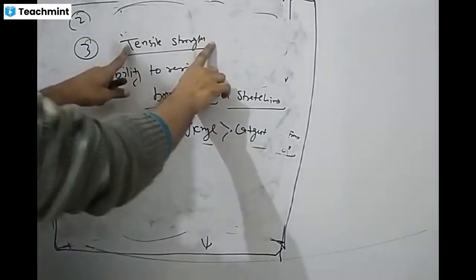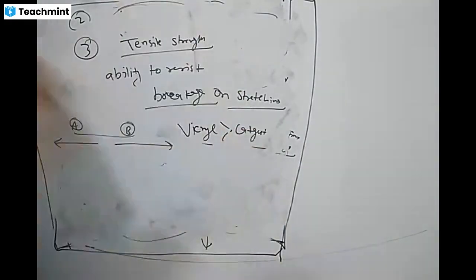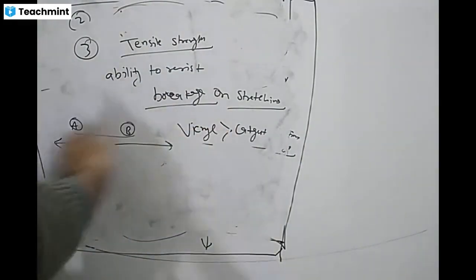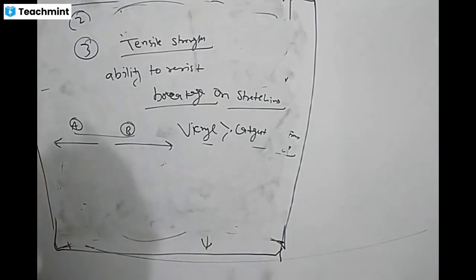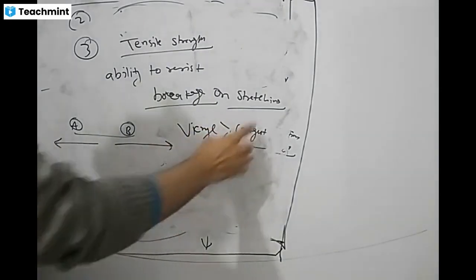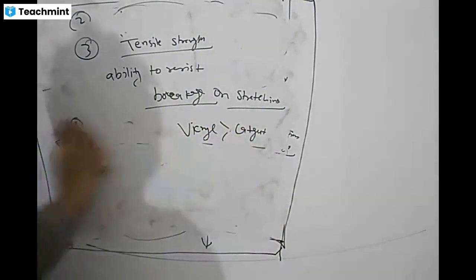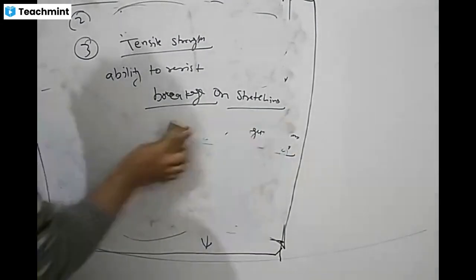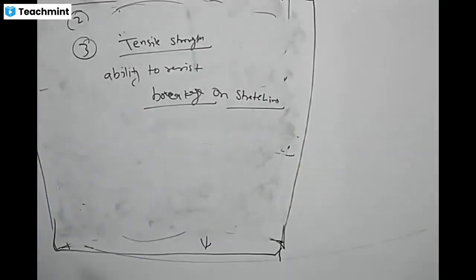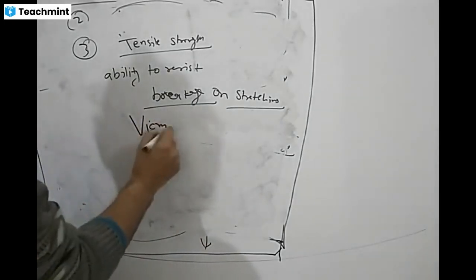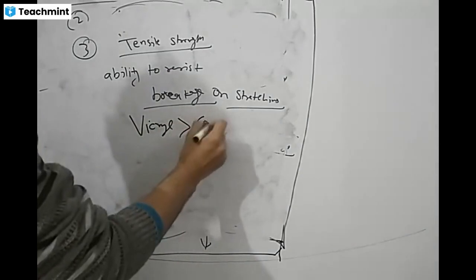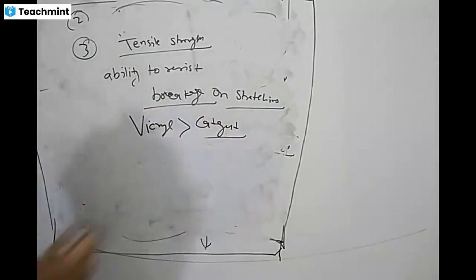It means the tensile strength of catgut is less than the vicryl. So vicryl has more tensile strength than the catgut.